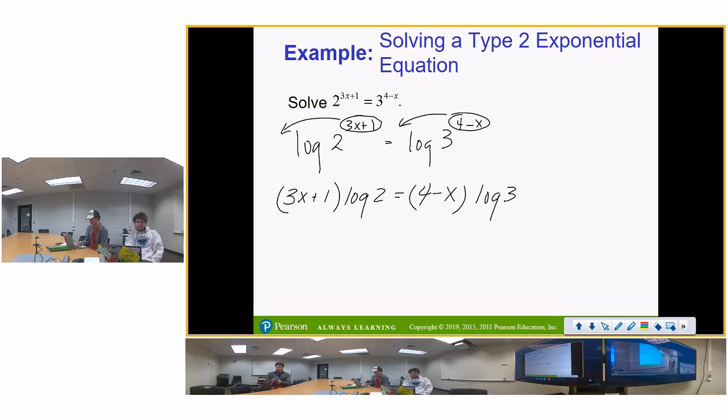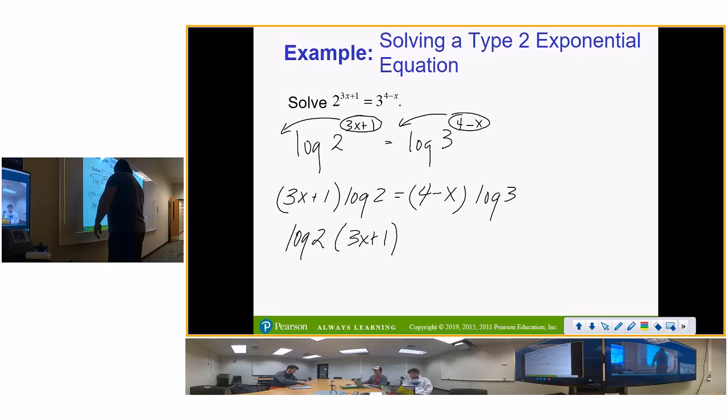Well, let me rewrite it first. Log of 2 times 3x plus 1 equals log of 3 times 4 minus x. Why did I do that? Why did I make it easier by rewriting it?